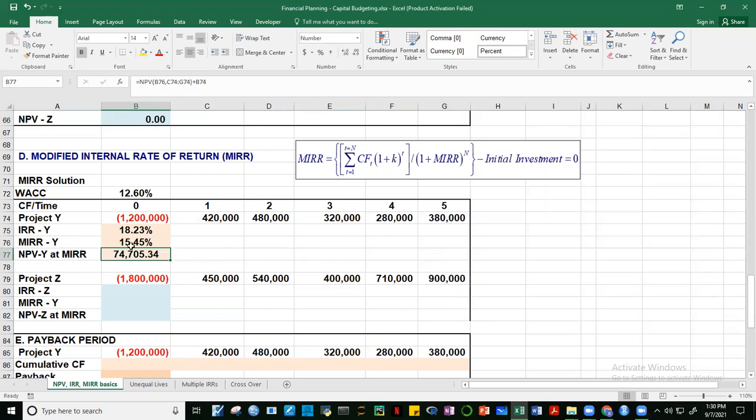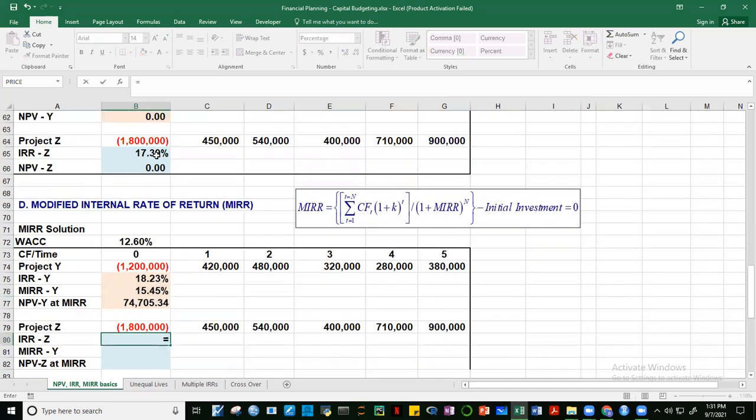Okay, so using MIRR, guys, ang NPV natin is positive. So okay, no? Okay yung project natin based on MIRR. Now we're going to compare this with Z. So ang IRR ni Z is 17.39.